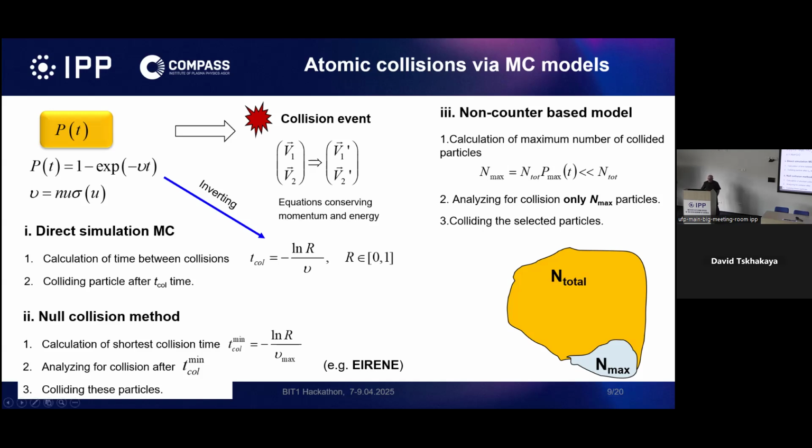You consider the maximum number of particles which can be collided in this area, so you don't need to analyze all particles. You analyze just this number of possible collisions, and it does not mean that particles necessarily have to collide. These are usually much smaller than the total number of particles in the given area. If you find out that some of these particles have to collide, you switch on collisions.